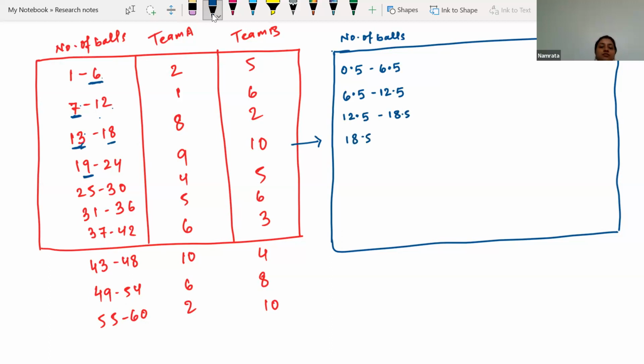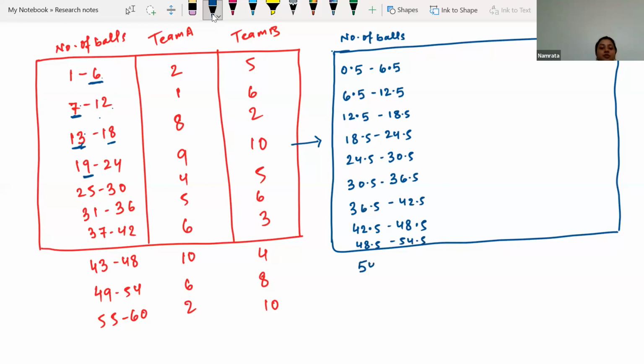Similarly, 18.5 to 24.5, 24.5 to 30.5, 30.5 to 36.5, and then 36.5 to 42.5. Same thing, 42.5 to 48.5. Now 48.5 to 54.5. And the last one will be 54.5 to 60.5.